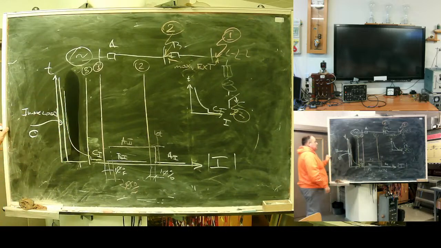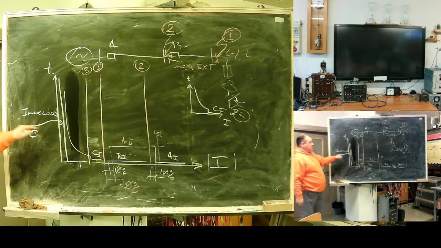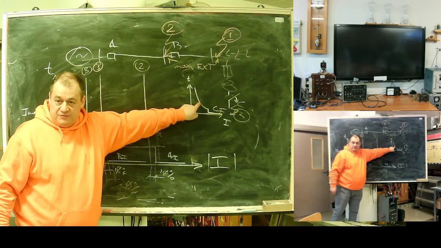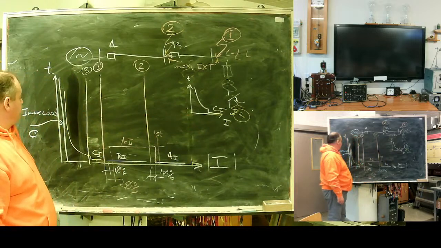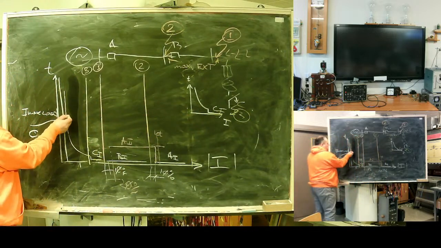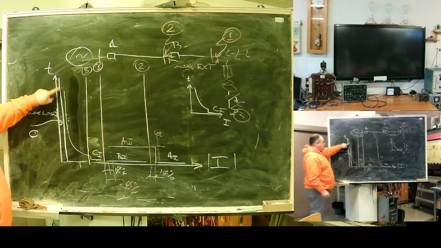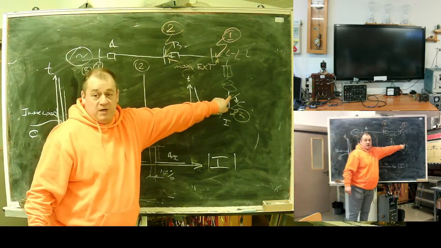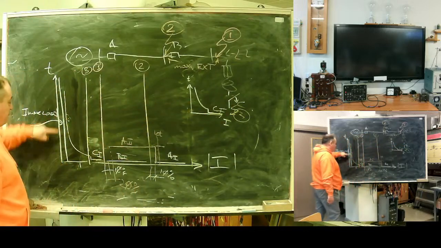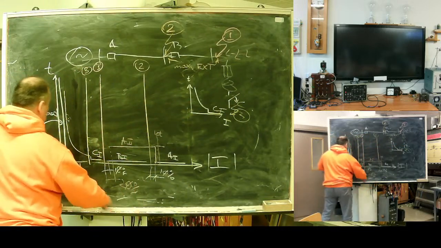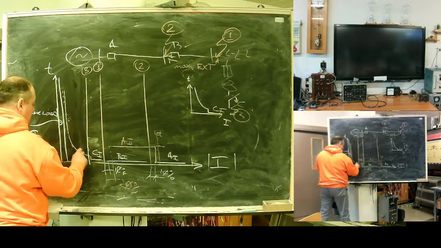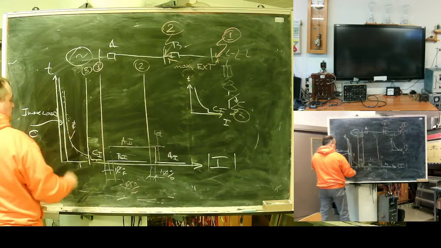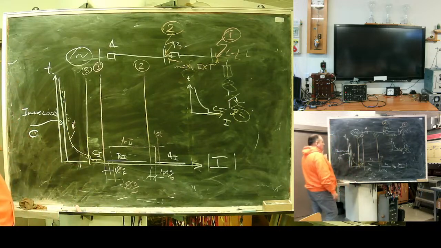Oops. This part, the thermal part of C, I can mark it C2, but it's the thermal part of this circuit breaker. For a fuse it will be simple like this.